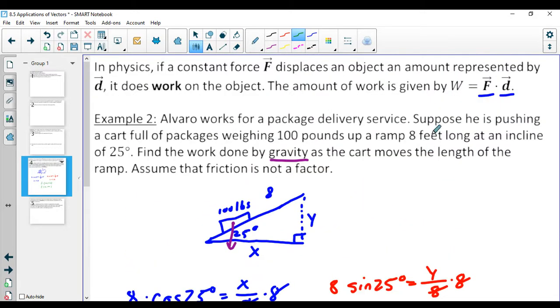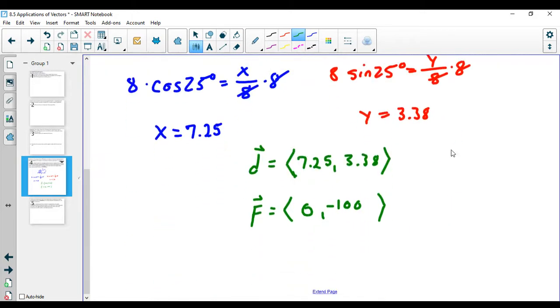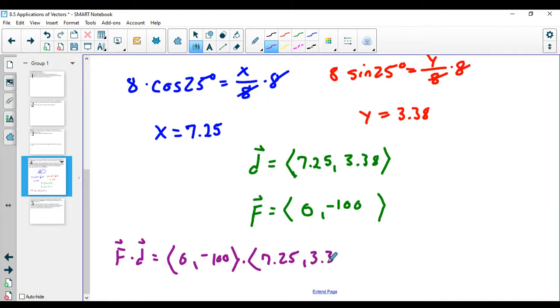Well, now we just do the dot product, F dot D. So let's do that. F dot D equals 0, negative 100 dot 7.25, 3.38.